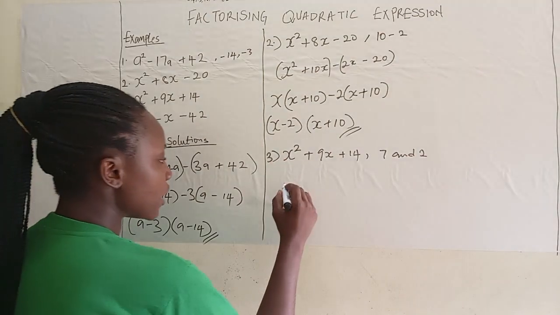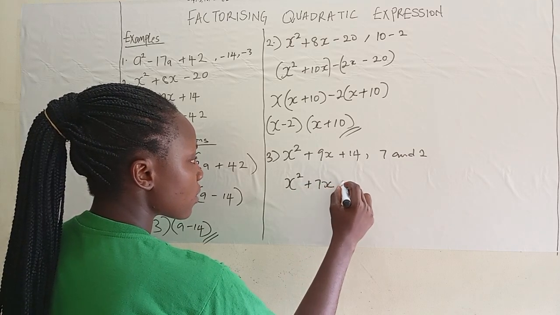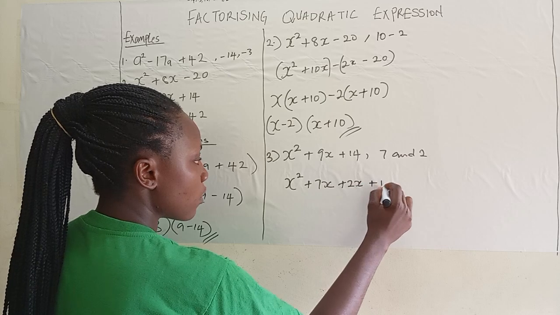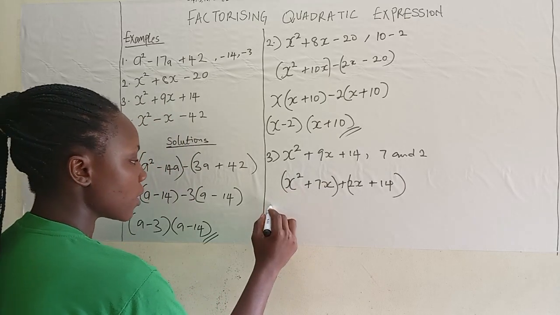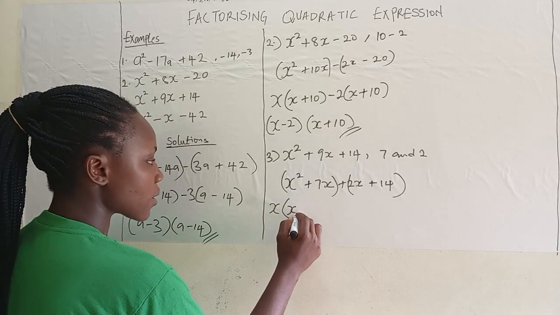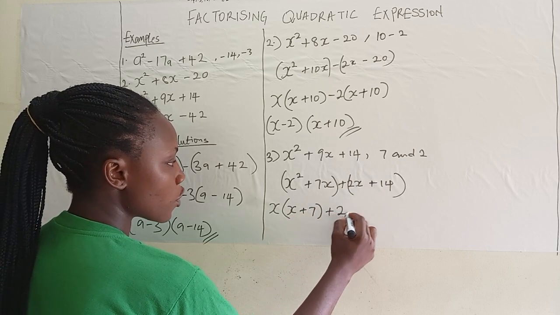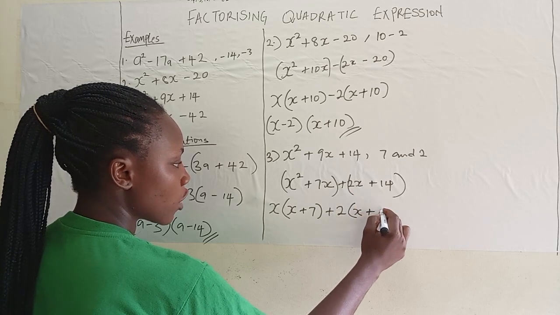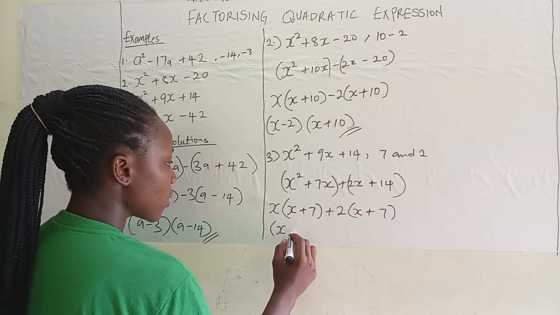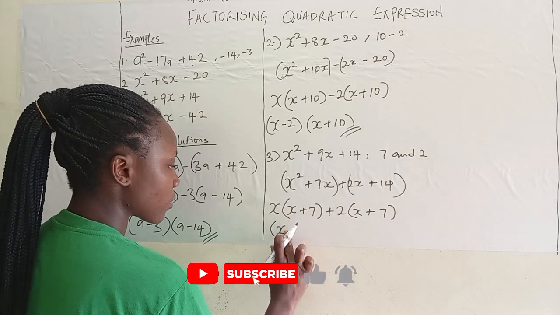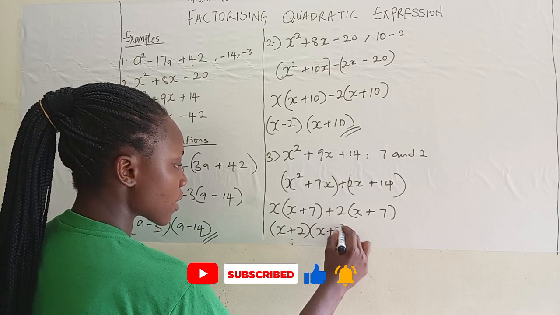So we repeat the same process: x squared plus 7x plus 2x plus 14. Group them and bring out the common factors. Here we have x, remaining x plus 7. Here we have 2, remaining plus 7. So we pick one of these. The answer is x plus 2 and x plus 7.